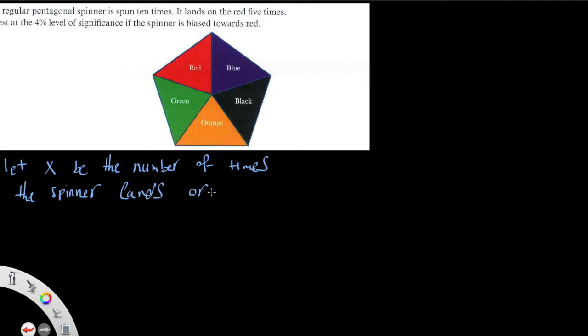Now, first let x be the number of times the spinner lands on red actually. So X will have binomial. This experiment has been done 10 times, and we know that probability of red is 1 out of 5, which is 0.2.